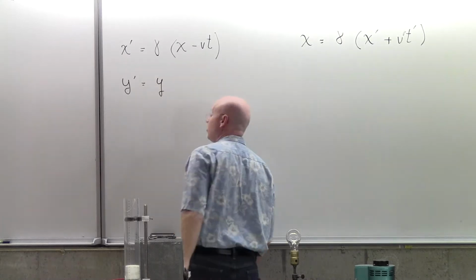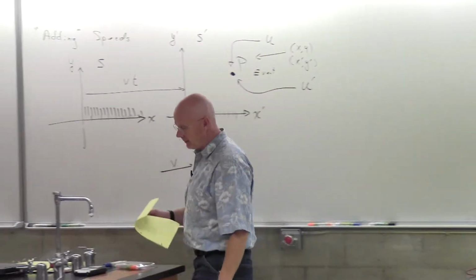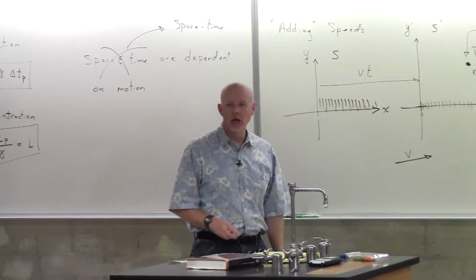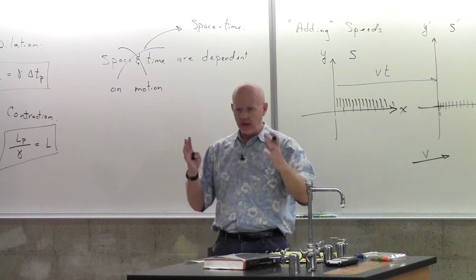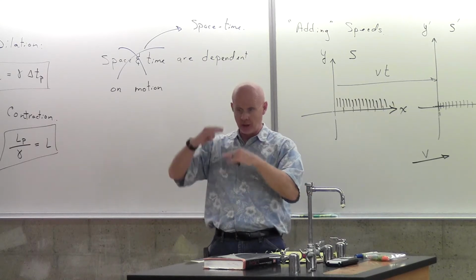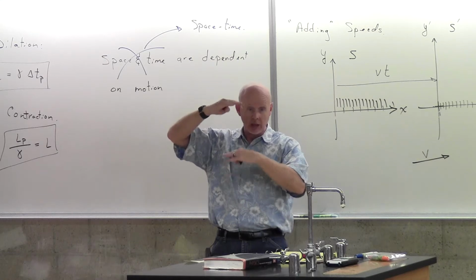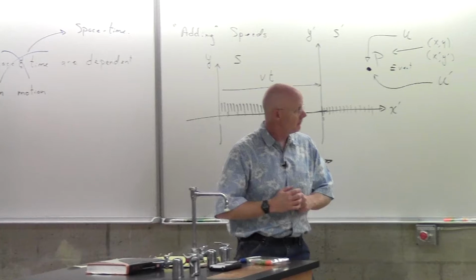Vertical direction, we kind of touched on it in passing. Somebody asked a question, I can't remember if it was this class or the next class, but the contraction is in the direction of movement. So there is no contraction vertically. And so that's the same.